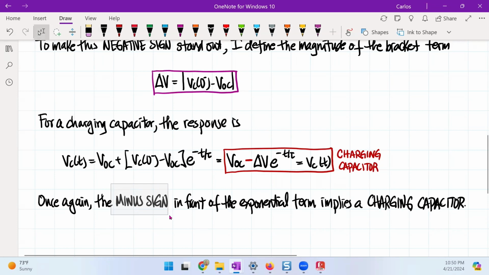You got to think minus sign means charging capacitor.